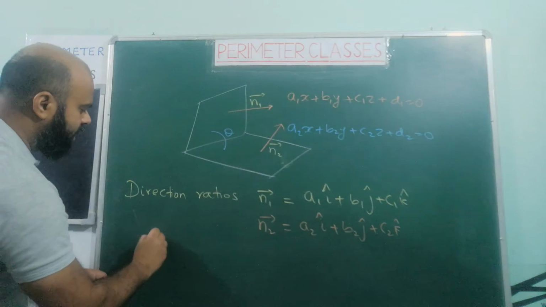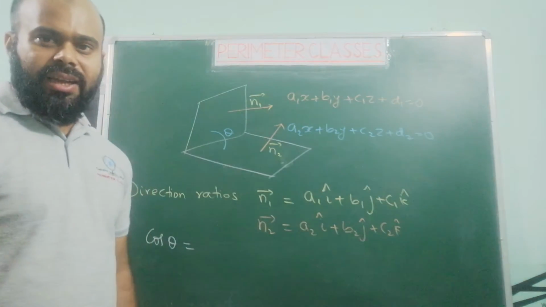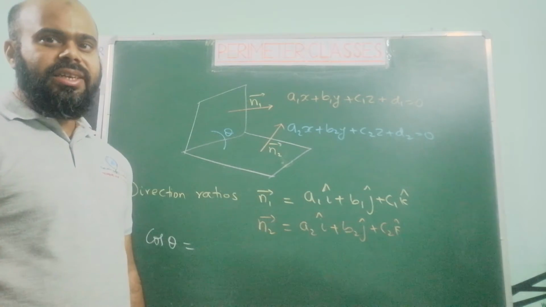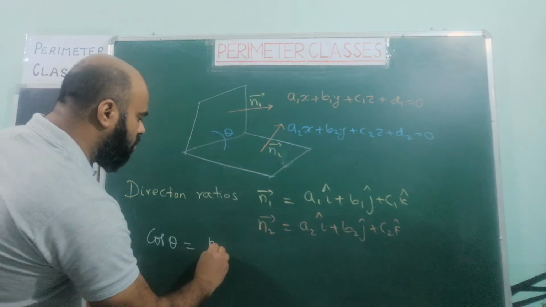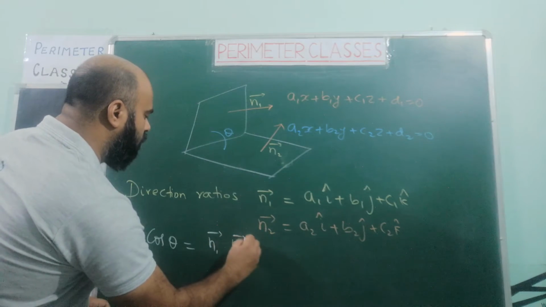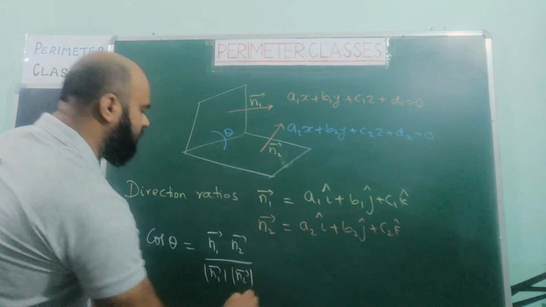So cos of theta, the angle between the normals, you know how to find the angle between two normals. We studied it in earlier lectures also. That is the dot product of these two vectors upon magnitude of this vector into magnitude of this vector.